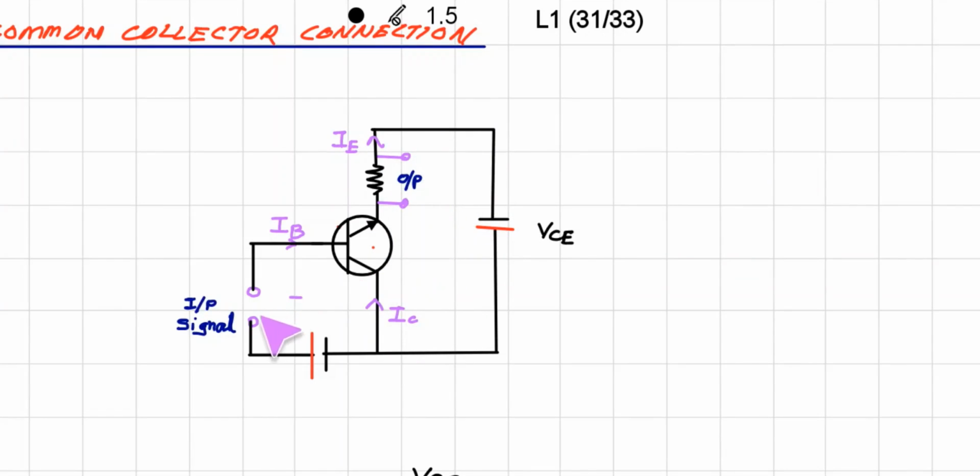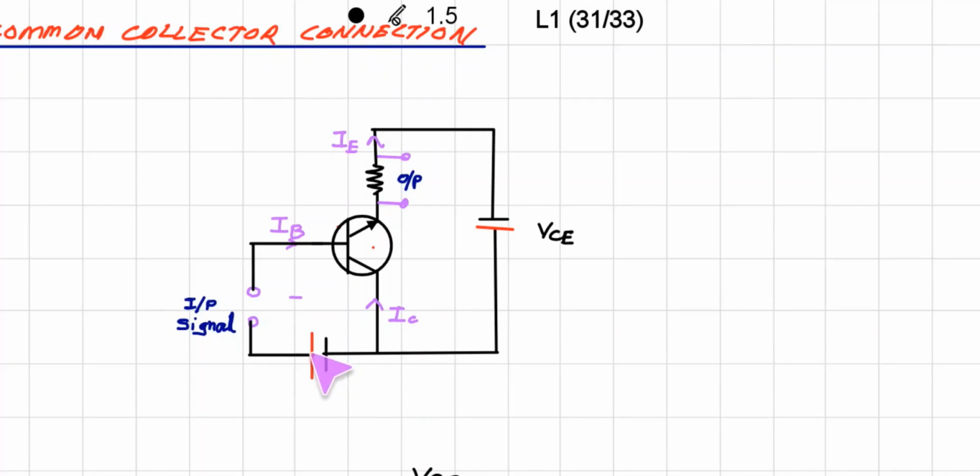Here the input signal, generally AC, is applied, and while studying the common collector configuration, it is important to note that this is a DC ground.